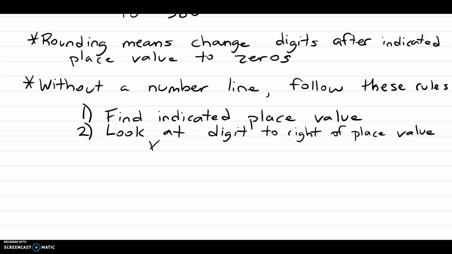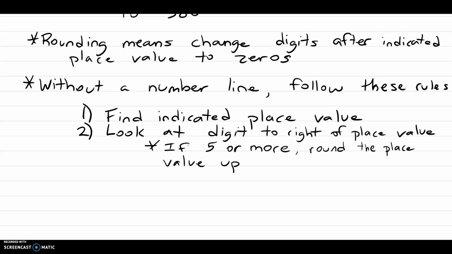If that number is 5 or more, 5 or higher, so 5, 6, 7, 8, or 9, you round the place value up one number.